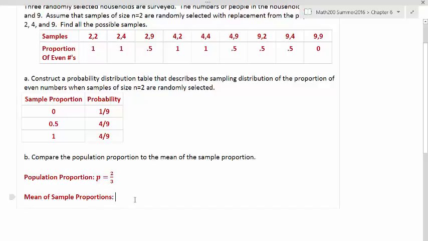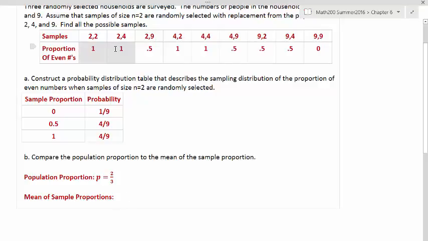Now they want us to find the mean of the sample proportions. So we want to take a look at the sample proportions and find the mean, the average. How do you find the mean of a set of numbers? Well, you simply add them up and divide by the number of numbers there are. We know that there's 9 of them, so let's add them up.